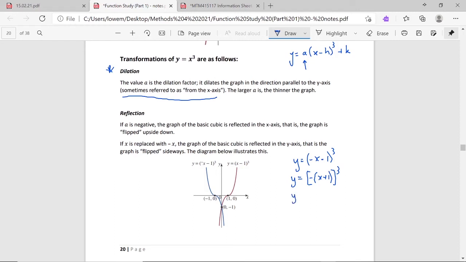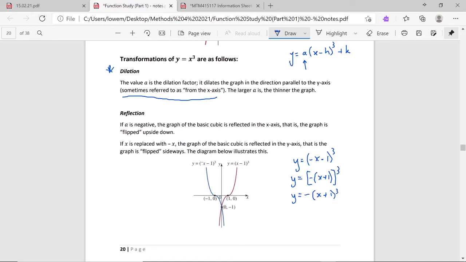So I can take it an extra step: negative 1 cubed becomes negative 1, then x plus 1 cubed. So this is in fact equivalent to what we've got here.